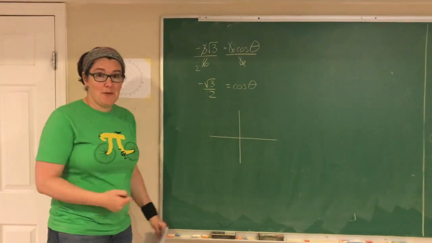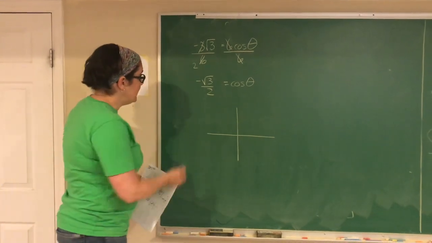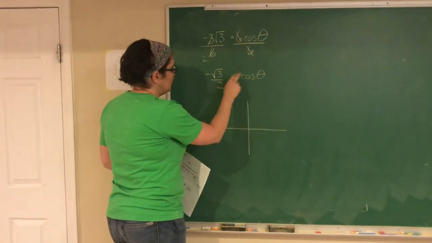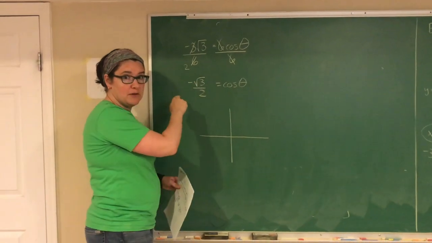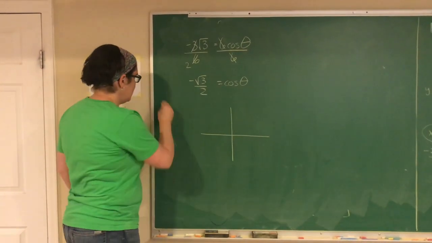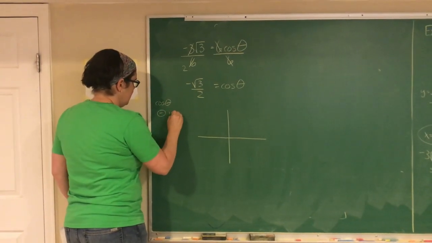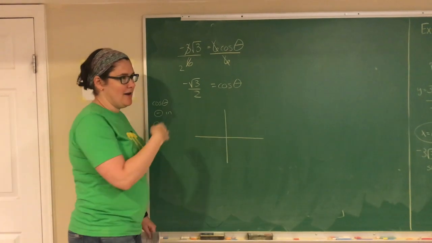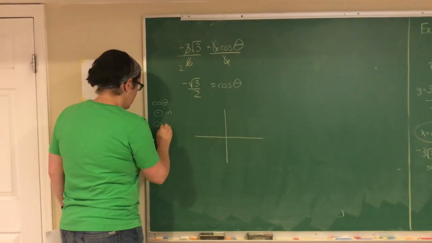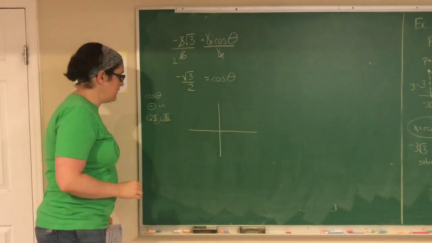And so you might remember when we talked about solving equations with trig values in them, that what we want to think about is, all right, this ratio is negative, so where is the cosine function negative? And cosine of theta is negative in the quadrants where x is negative. So in quadrant 2 and quadrant 3.